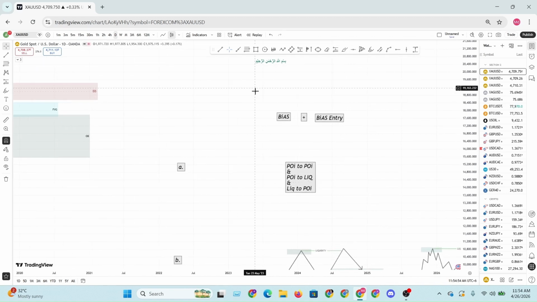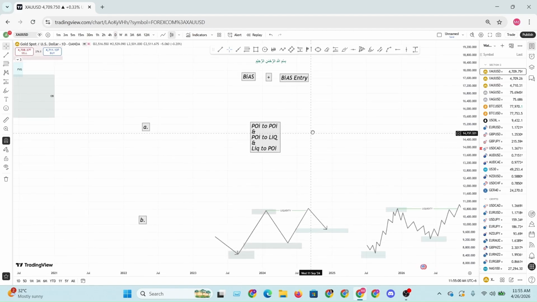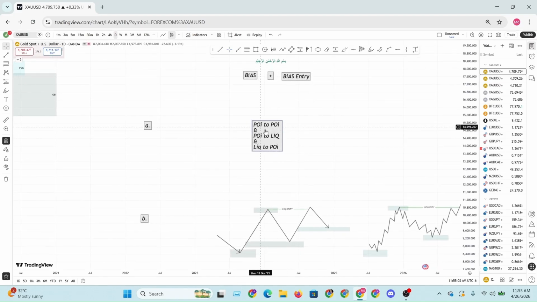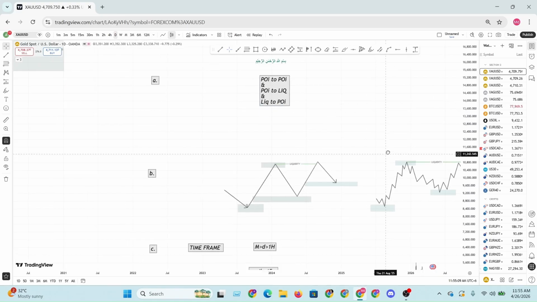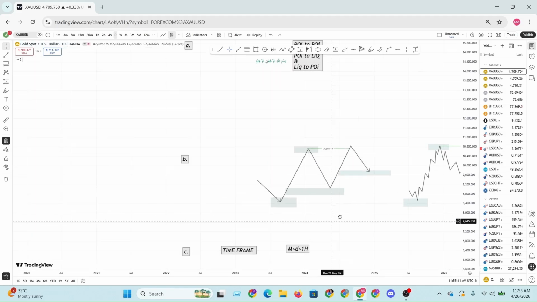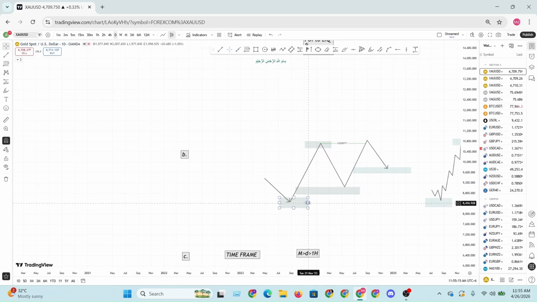So first you have to know how the market moves. Market moves from POI to POI, and POI to liquidity, and liquidity to POI. Like the example here, suppose this is the previous POI. Market came and gave a move from there and created a high.